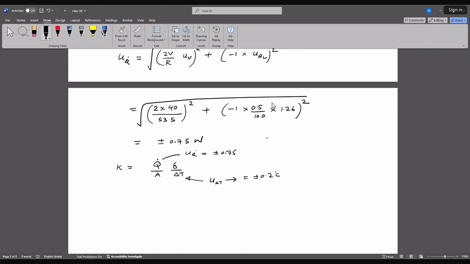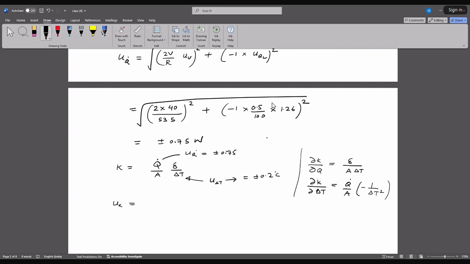Here we can find the uncertainty in K. First we need dou K over dou Q dot, which is delta over A delta T, and dou K by dou delta T is Q dot over A times minus 1 over delta T squared.